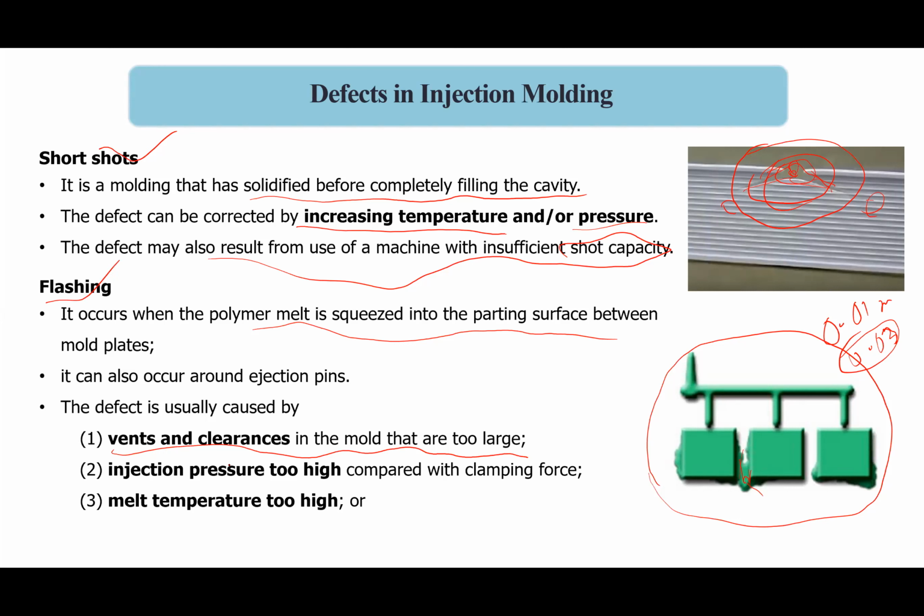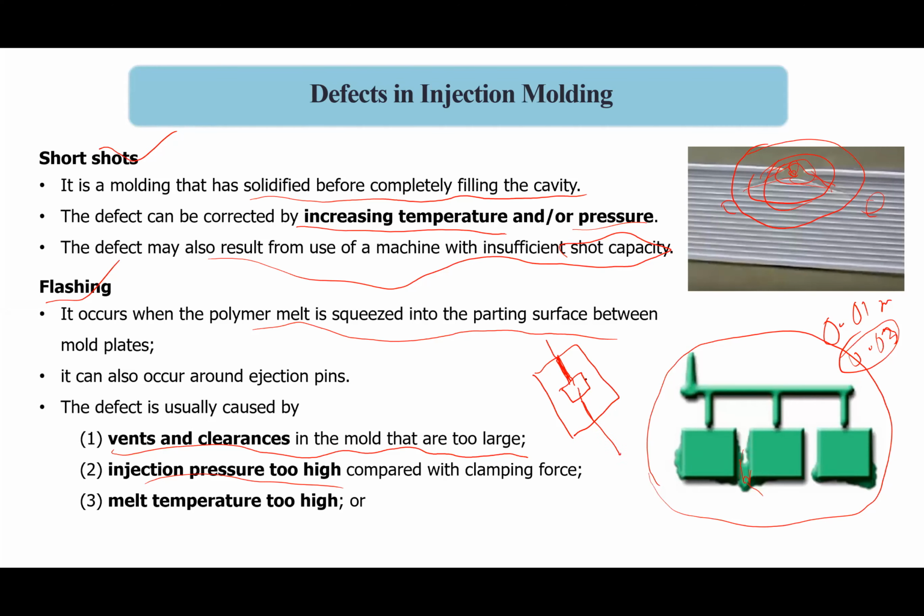Another one is injection pressure being too high. Even if you have perfectly matched fixed platen and movable platen, where the matching is perfect, the material cannot come out this way or this way.